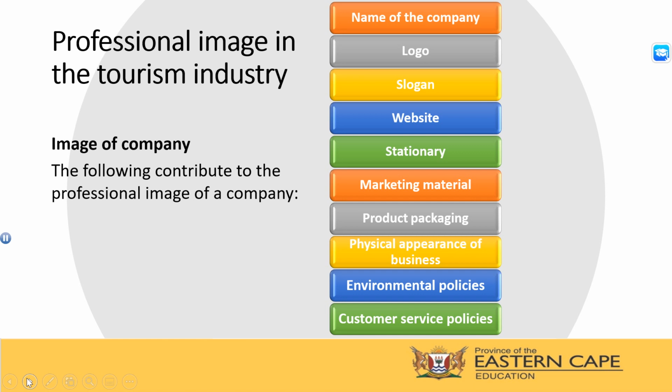Marketing material, product packaging, and the physical appearance of the business, together with environmental policies and customer service policies. So a company having a professional image in the tourism industry, it's not just a simple 1, 2, 3 and the professional image is there. There are many considerations that need to be taken into account before a company can market itself and before a company can have a professional image.